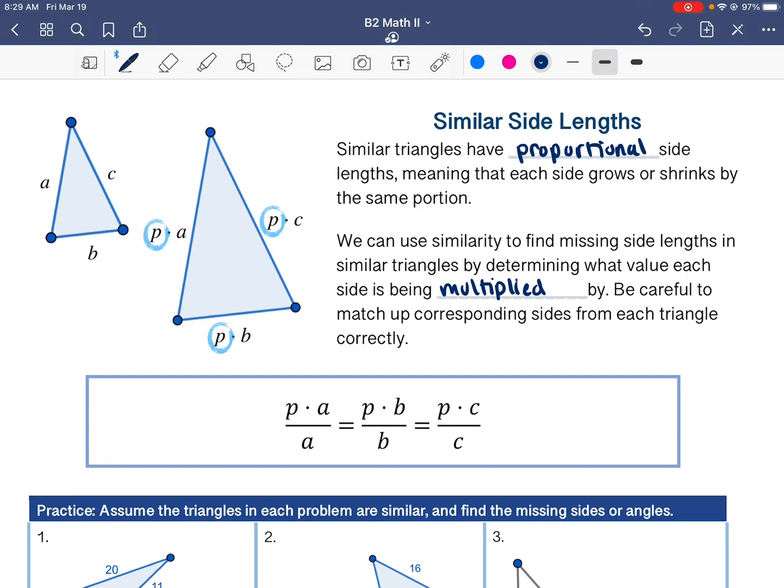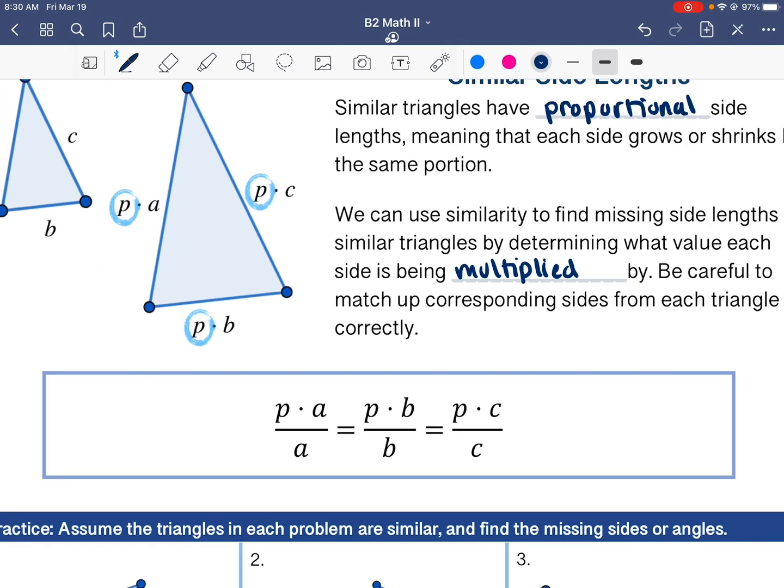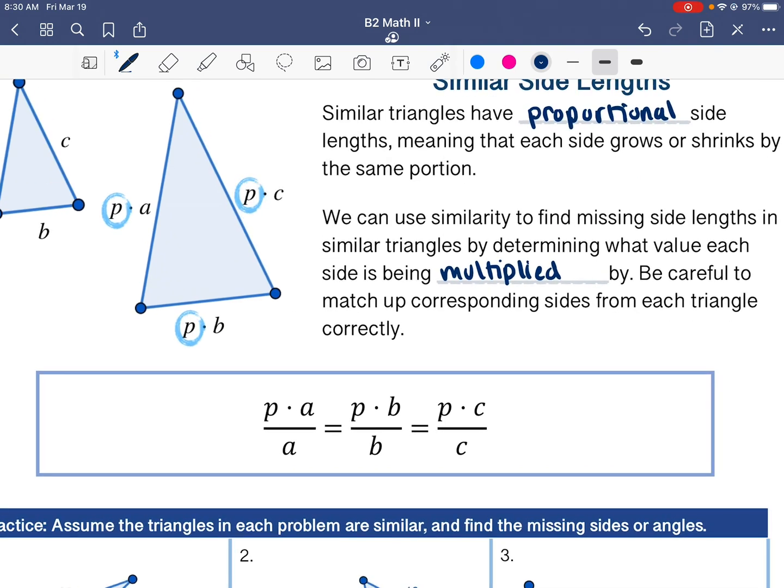And so a lot of this is finding what value it's scaled up by. So this here is just indicating that all of the proportions are the same.